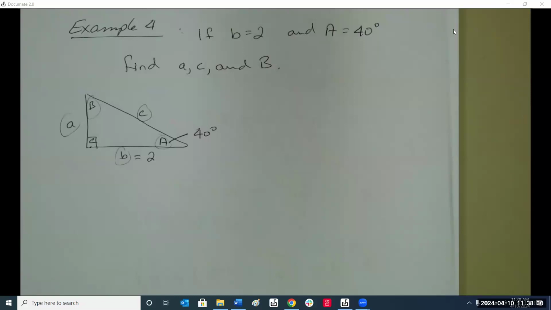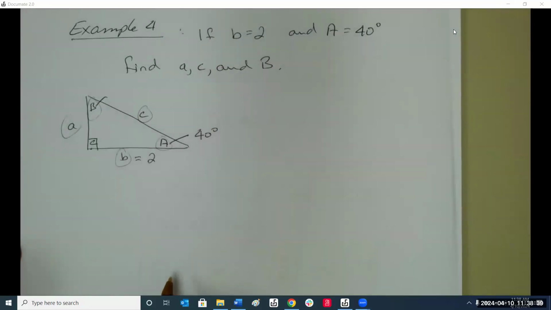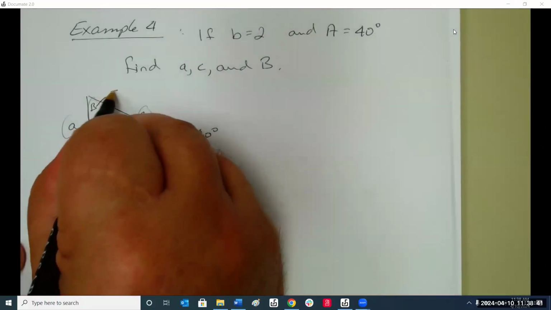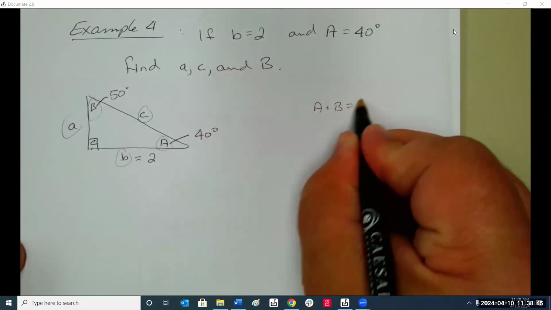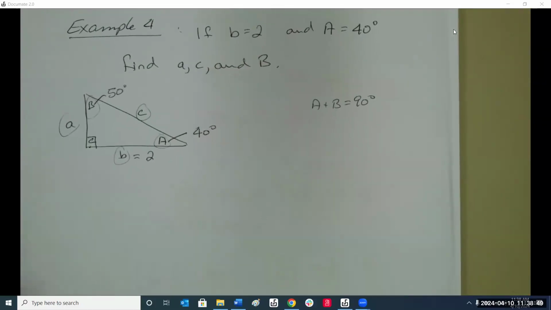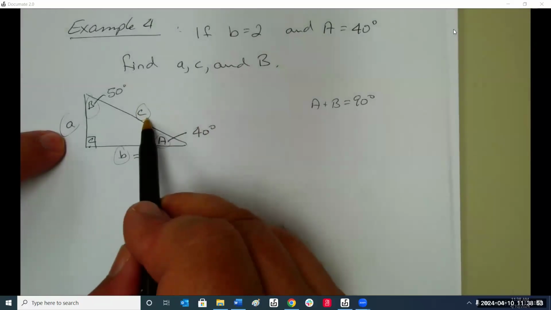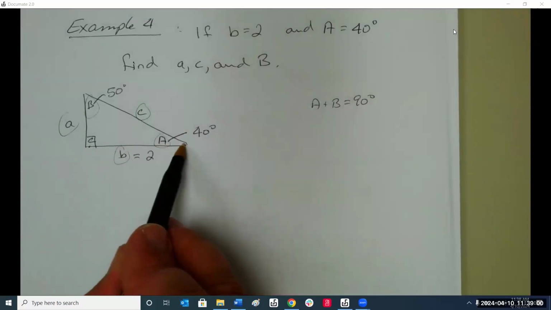So can we figure out any of this stuff so far? What's B gonna be? Yeah. Because A plus B has to equal 90. So now we gotta figure out A and little c, the side lengths. How are we gonna do that? All we have is this side here.